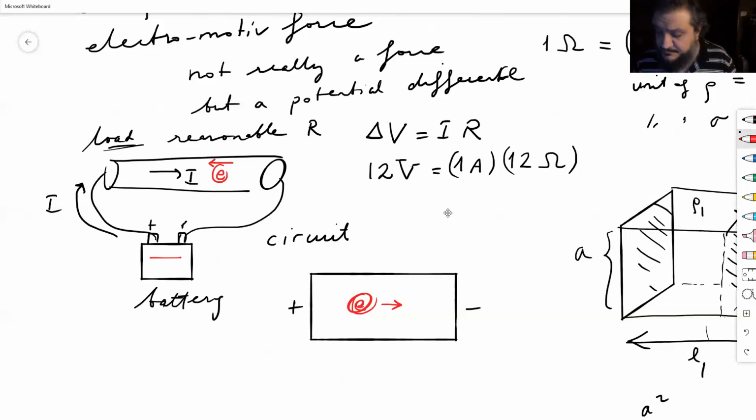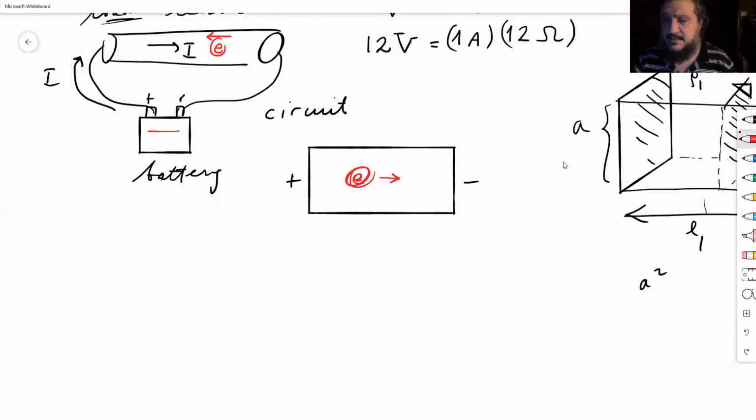So that's the chemical process there that forces that. Just like in your water pump, it's the mechanical motion of the engine that does the job. Here, the battery does it. So we call that potential difference that is generated by the battery the EMF, and the symbol is the curly E. This stands for EMF.